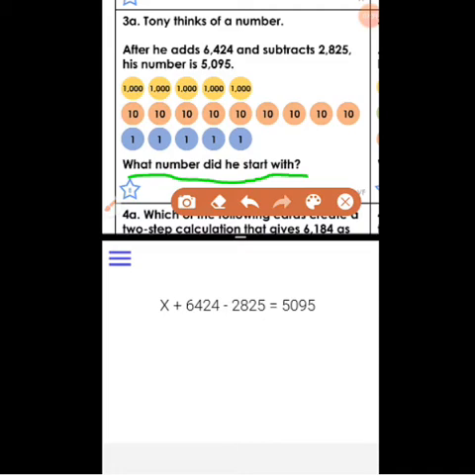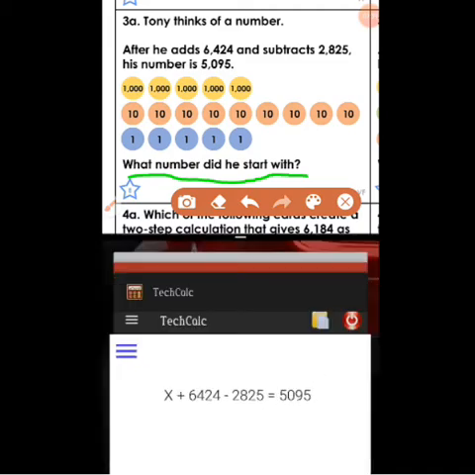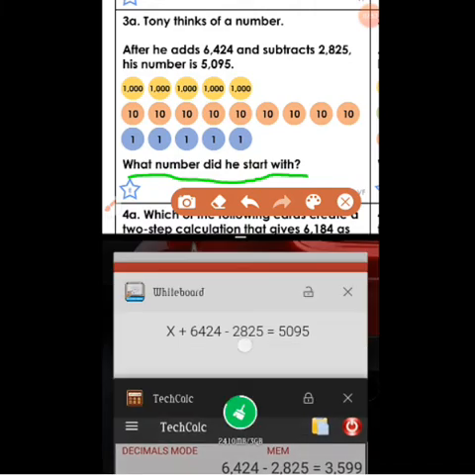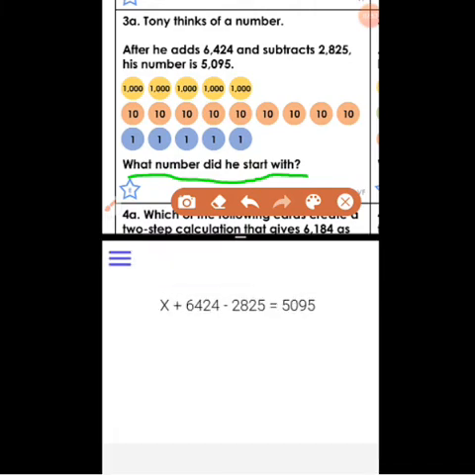We are going to do 6,424 minus 2,825. So this is it. So once you click equal to, it will give you 3,599. So this 3,599 will move from here to this side.